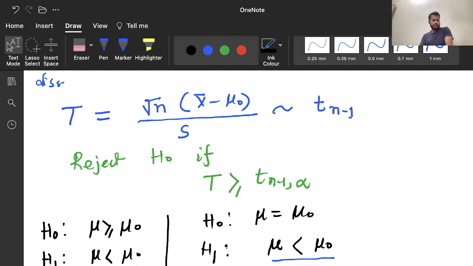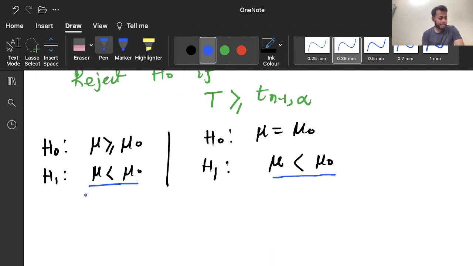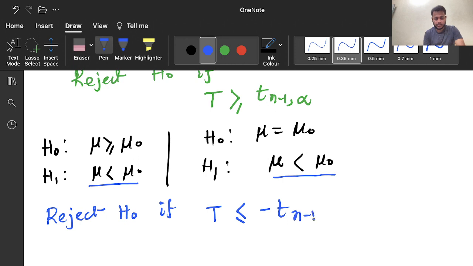That's it. So the test will be: reject H0 if t is less than or equal to minus t n minus 1 alpha.